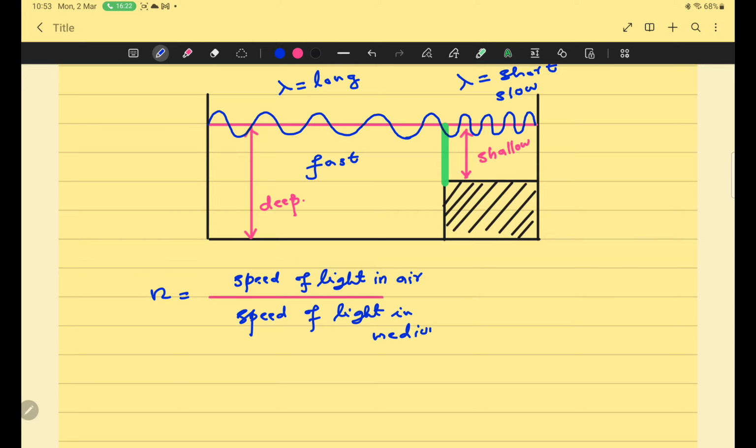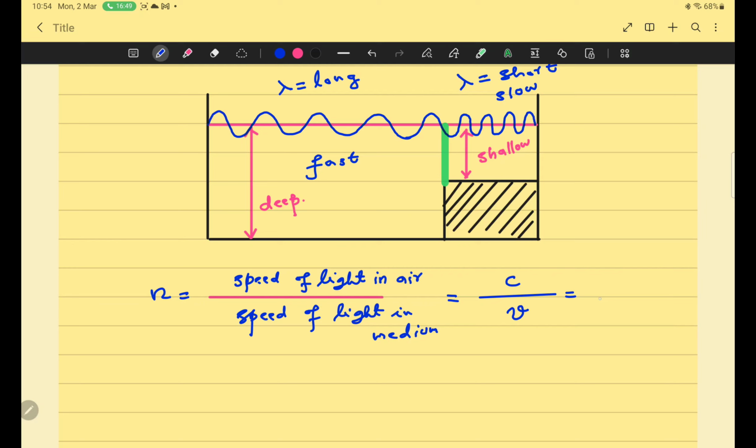Other medium means where the speed is slow. You know, speed of light in air is the fastest. Its refractive index is always greater than 1. Yes, you are right, its least value is 1 for air. So speed of light in air is c, divided by speed of light in any other medium.